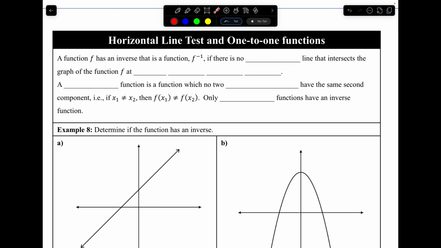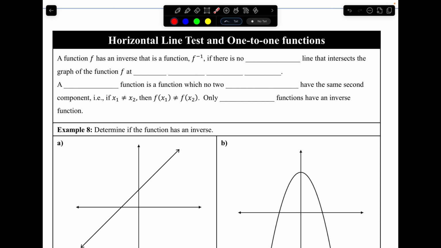So all of those things have opposite operations, but that doesn't mean that the inverse itself is going to be a function. So to determine if the inverse is going to be a function, we use what's called the horizontal line test, and to determine if we have a one-to-one relation between the x and y values, to determine if the inverse is going to be a function as well.